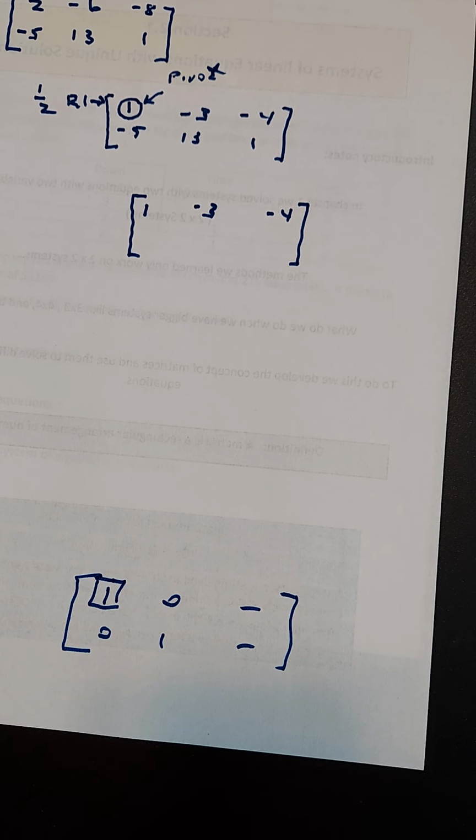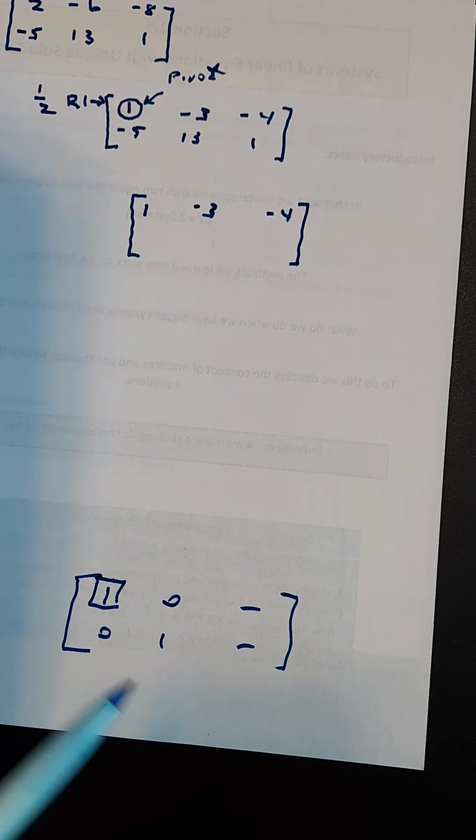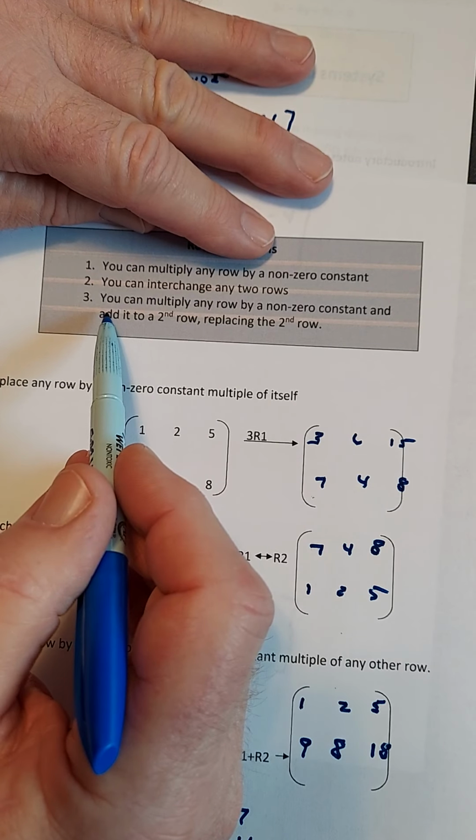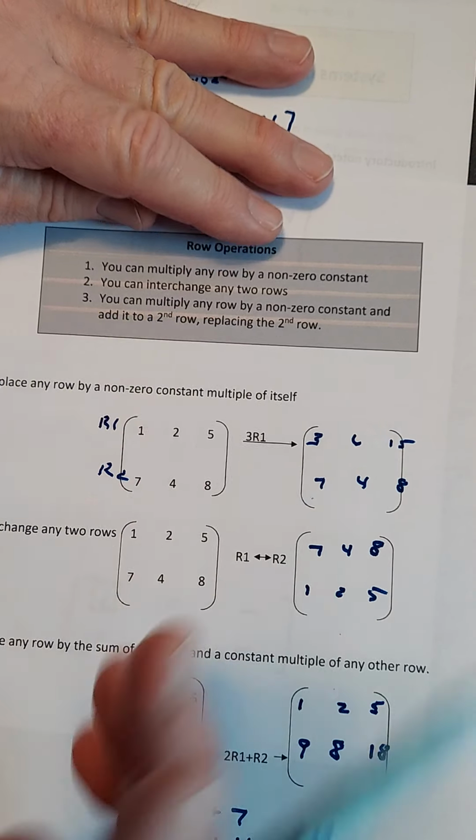Multiply and add. I'm going back to the other page here, you can multiply and add. So that would be your third step here. To get the 1 to begin with, I multiply by the reciprocal. To get a 0, we multiply and add.